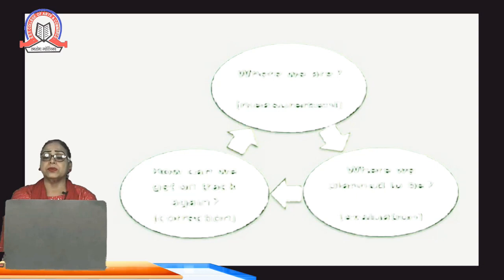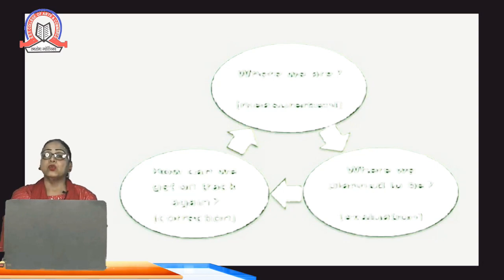While preparing for controlling, we are comparing where we are. That means we are measuring performances and achievements, which we can call appraisals. How can we get on track again?